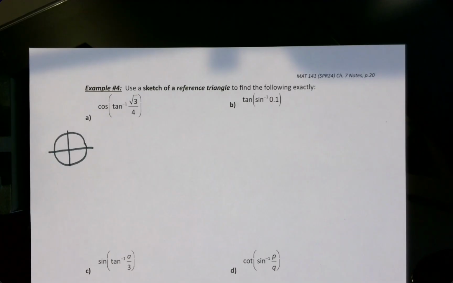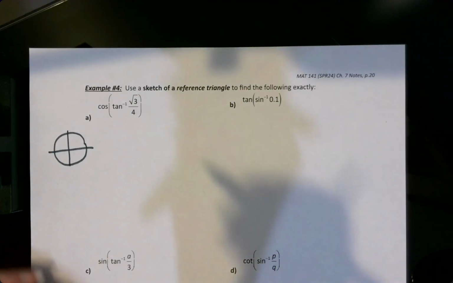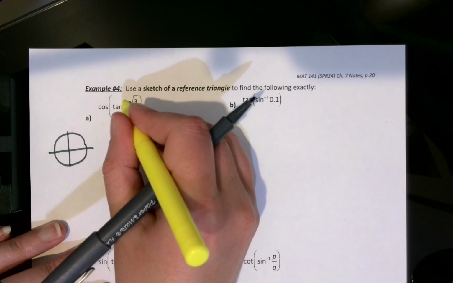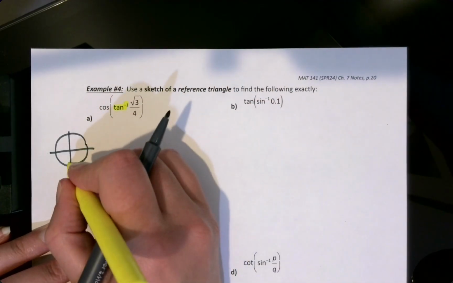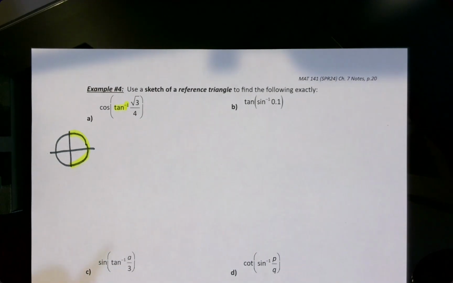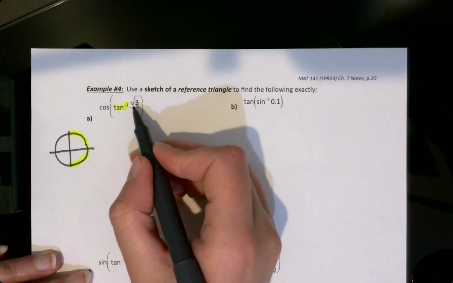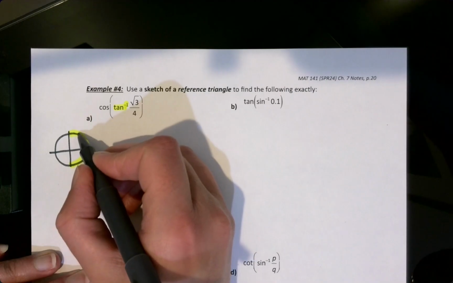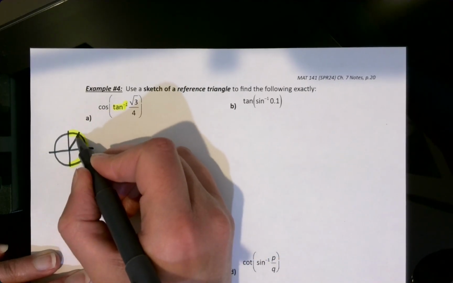I know that arctangent, inverse tangent, is going to output things that are between negative pi halves and pi halves. So this would be in quadrants 4 or 1. Because this is positive, it's got to be somewhere in quadrant 1.